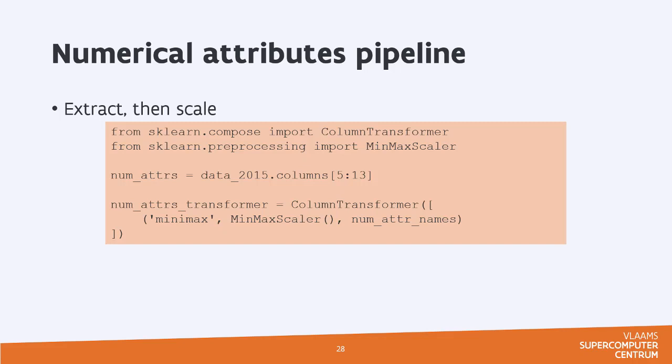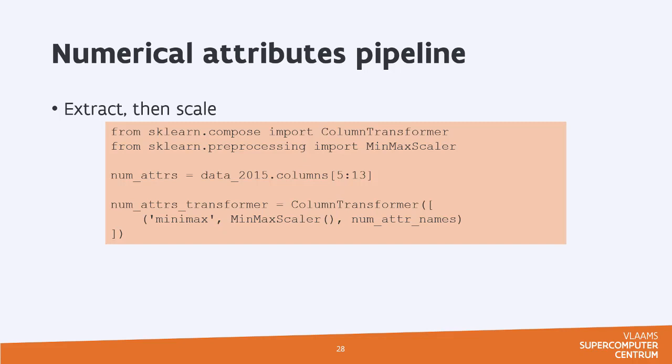Then we define a transformer, which is a column transformer, and that takes a number of arguments. So it contains a tuple, and that is one transformation. So it is min-max in the sense that we want to do a minimum maximum scaler. So essentially we want to scale the maximum value in our column to 1, the minimum to 0. The min-max scaler is going to do that for us automatically.